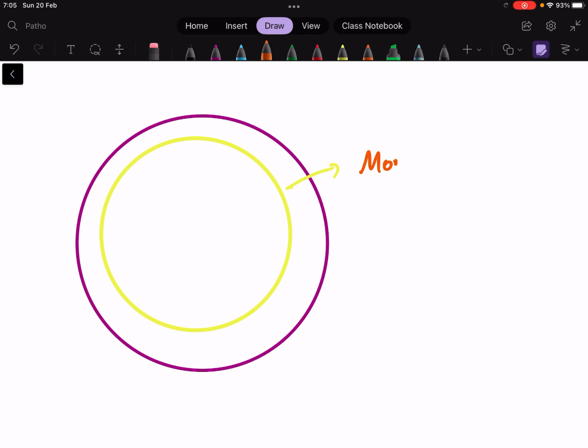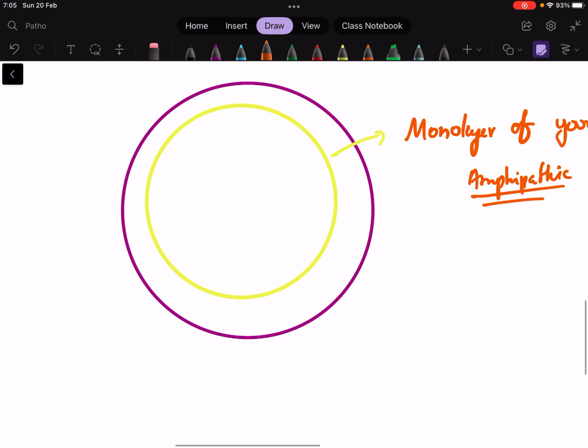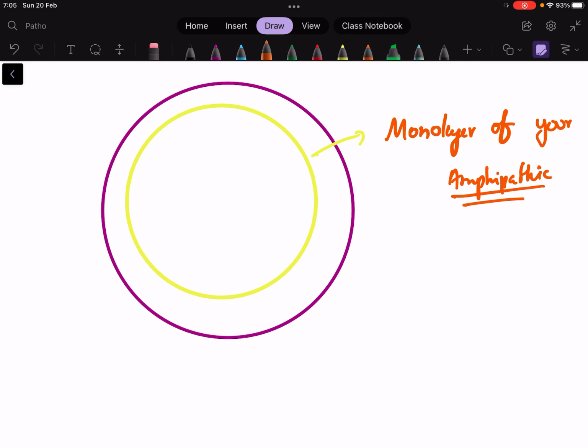So there is a monolayer of amphipathic lipids. What are amphipathic lipids? They have a hydrophobic and a hydrophilic end. So I'm going to draw a simple diagram here. Here is a head and here is your tail. Similarly, like this, there is a monolayer of your amphipathic lipids.